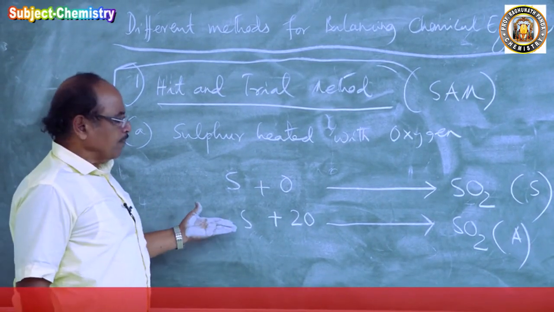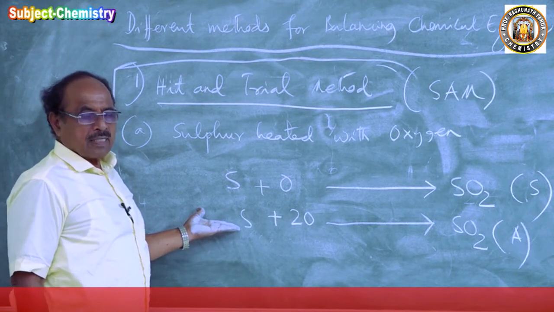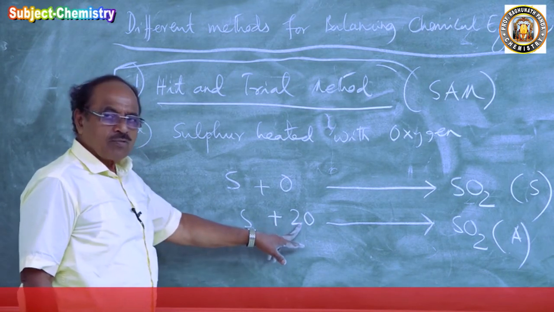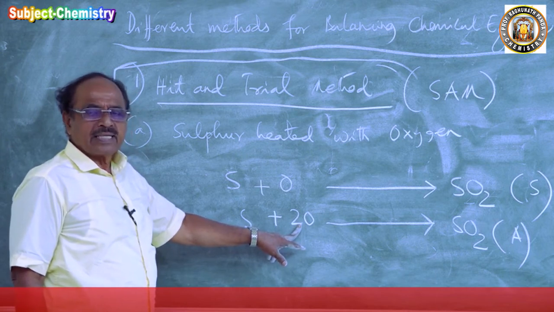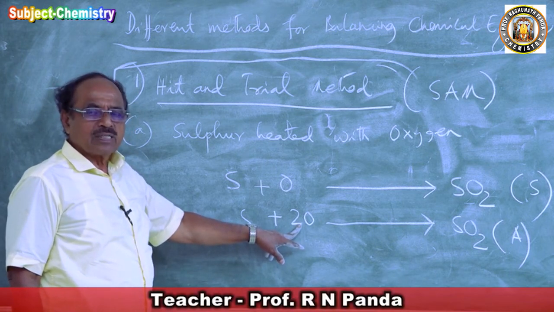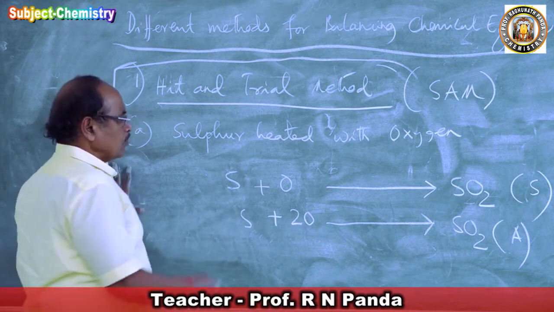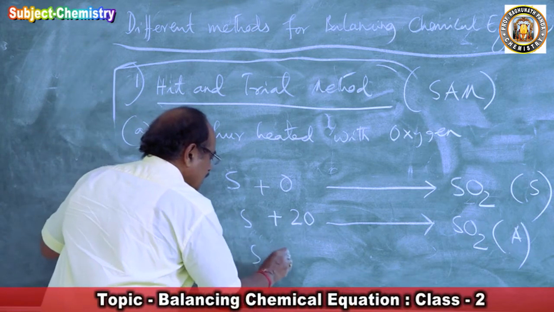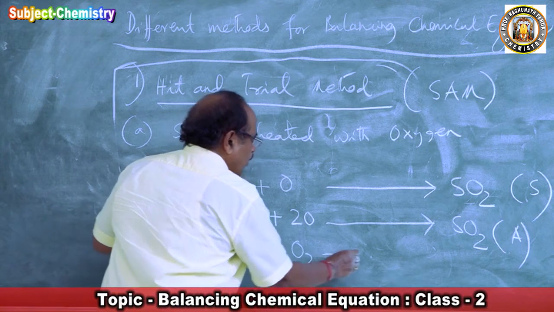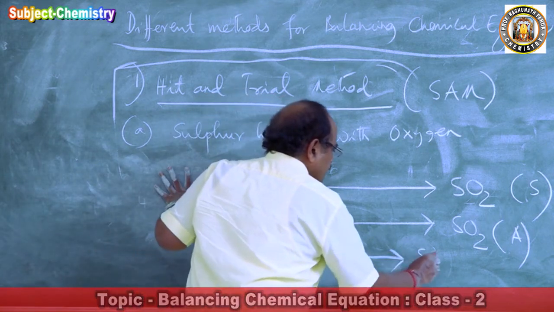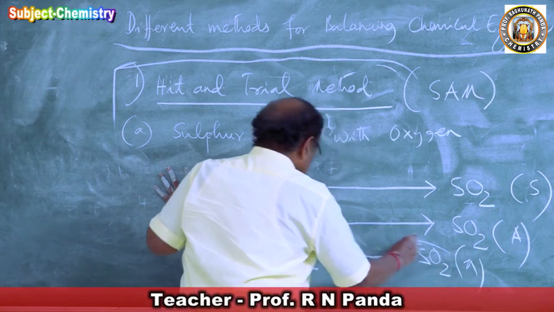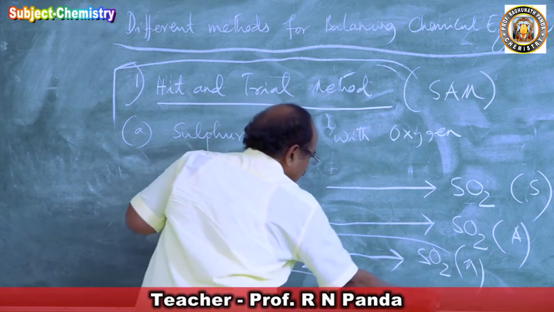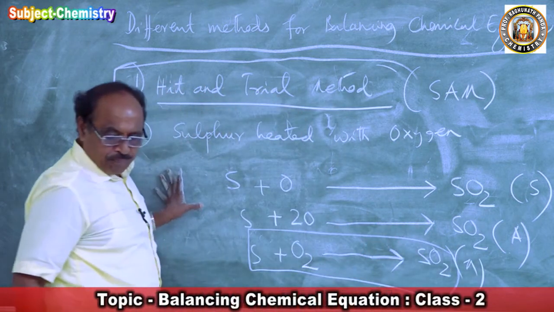Sulfur remains as a solid, but oxygen remains in what state? Molecular state. Why? Oxygen is an elementary gas, and all elementary gas molecules are diatomic. So we'll make it molecular: S plus O2 forms SO2. This is the molecular form, the balanced equation for sulfur dioxide.